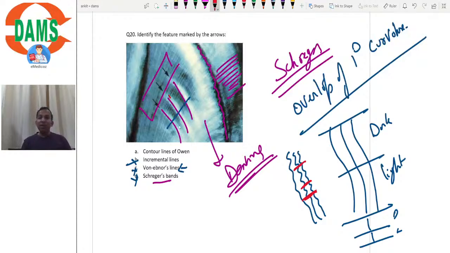So they will appear randomly in dentine because this overlap is not a rule. It can happen randomly, so these lines will be seen randomly. And as you can see in this diagram, we just see 3 contour lines of Owen. There are no lines above it, no lines beneath it, isn't it? So the correct answer is contour lines of Owen.